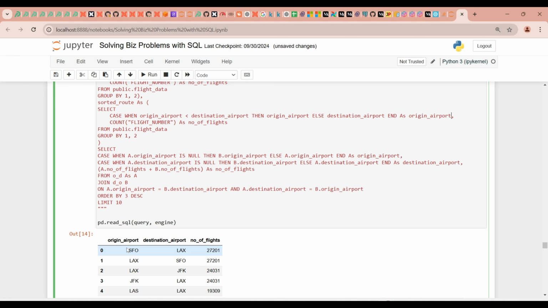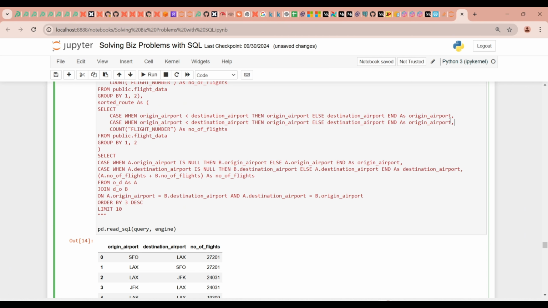But when it comes to SFO here, since SFO is not less than LAX, it's going to use LAX as the origin airport. Now what happens to the corresponding destination airport? You need the destination airport to also turn around.